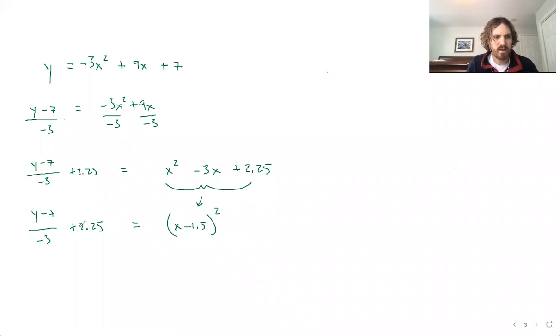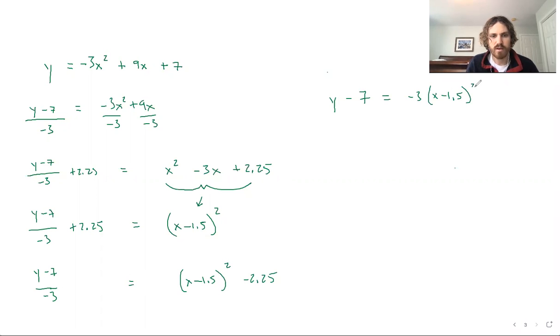Okay, and finally, solve for y. Y minus 7 over -3 equals x minus 1.5 squared minus 2.25. Now I'm going to multiply by -3 and get y minus 7 equals -3 times x minus 1.5 all squared, not minus, but plus, I've got to do 2.25 times 3.